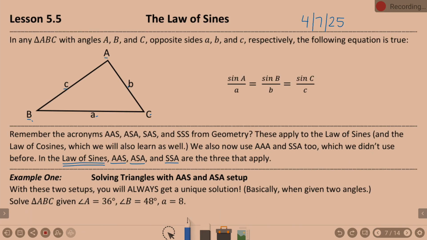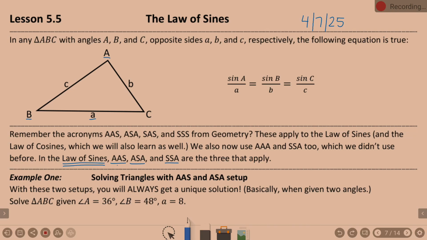If we go back up to the top real quick, notice what they gave us: angle A and B and side a. If you look at those three pieces of information, this is a scenario of side, angle, angle, which isn't really in our list, or reverse it: angle, angle, side.